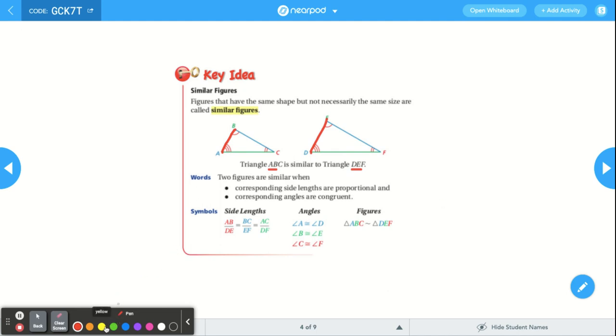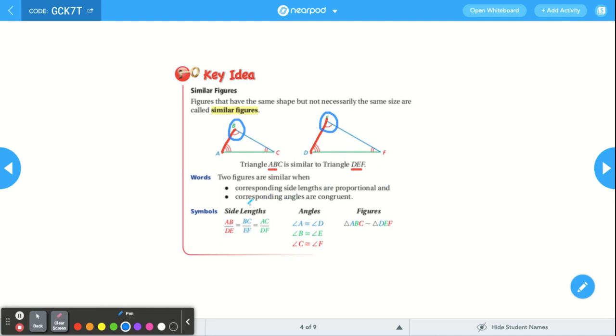Now, there's a lot of different corresponding pieces here. We also have the two other sides, but we also have the three angles that correspond to each other. So we can see that angle B, see how it has one arc, corresponds to angle E. So remember, if it's a similar figure, the corresponding side lengths are proportional.